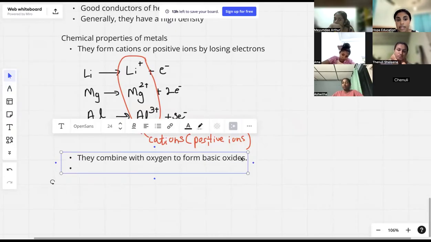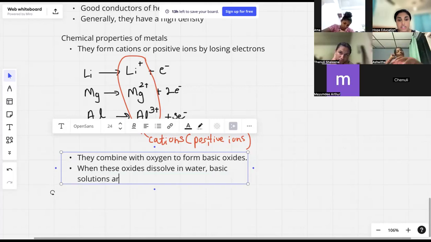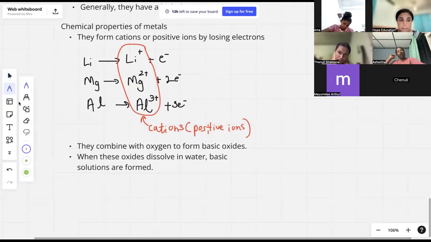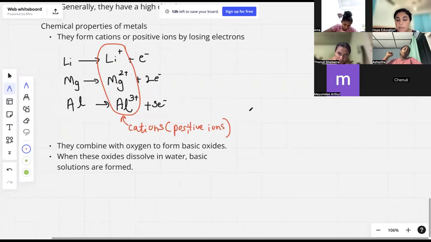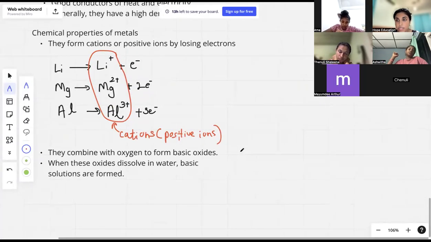So I will explain it later, right? And then when these oxides dissolve in water, basic solutions are formed, right? Again, simply, because I will explain this in the future, simply, any metal combines with oxygen and forms oxides.